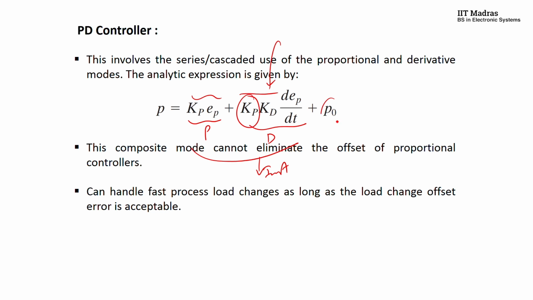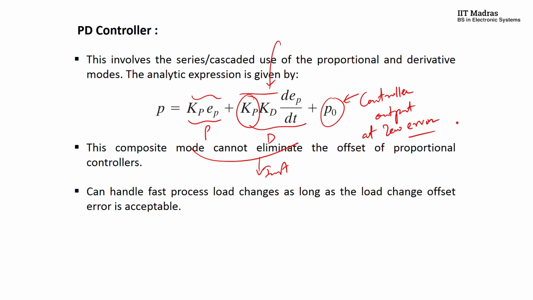And therefore here you require some kind of P0, which is the controller output at a nominal value, the controller output at zero error. Since we don't have an integration component here, we need to change the value of P0 for every steady state change in load.